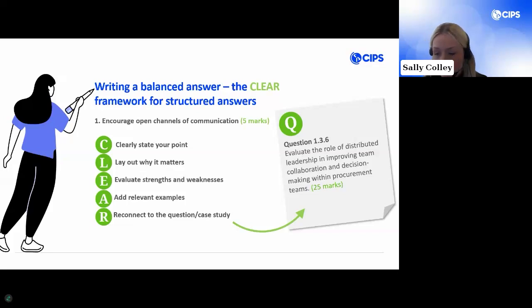By using the clear framework there, you're ensuring clarity and demonstrating your critical thinking, both of which are essential for achieving those higher marks. This approach aligns your response to the assessment criteria, showcasing the value distributed leadership adds to team communication and decision making.